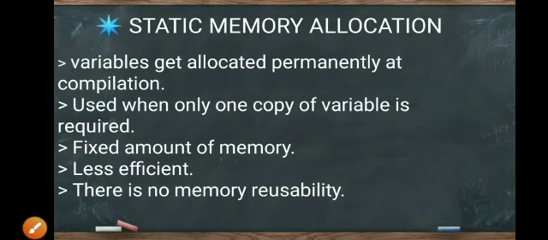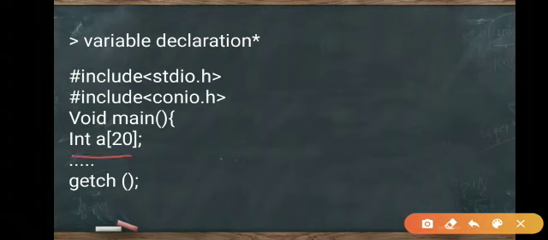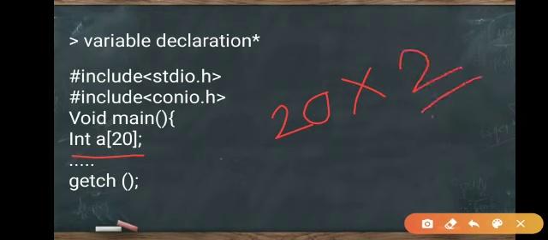You will understand it better here. Variable declaration: I have declared an int type array, int a[20]. What will be the size of this array? That will be 20 into 2, where 2 is the size of an integer and 20 is what I have given.